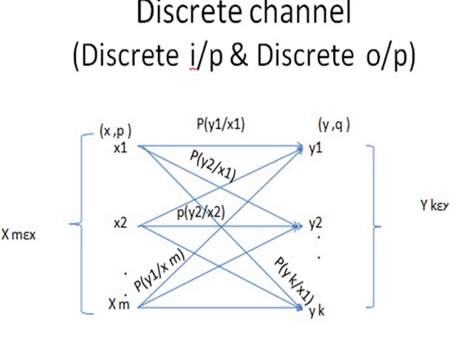In the same way, X2 gives output Y2 having probability P(Y2|X2) and so on.